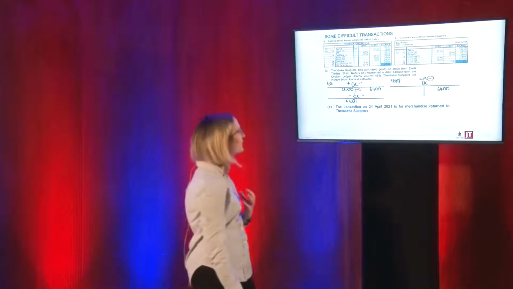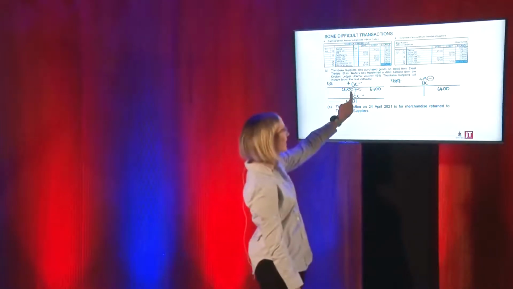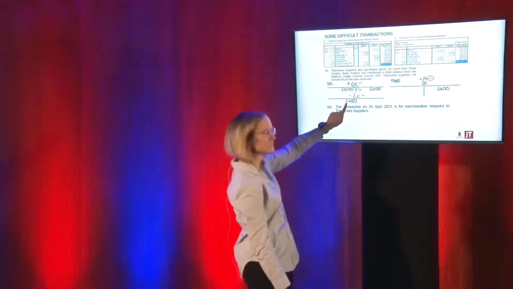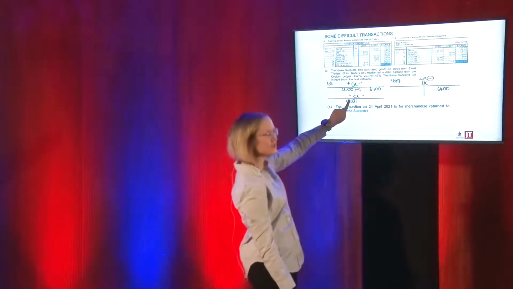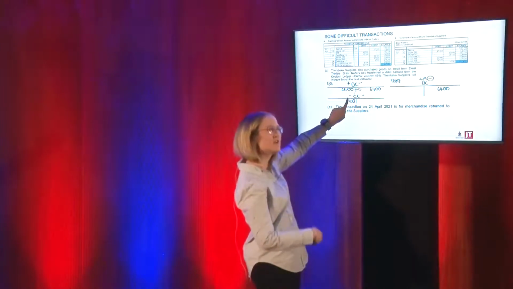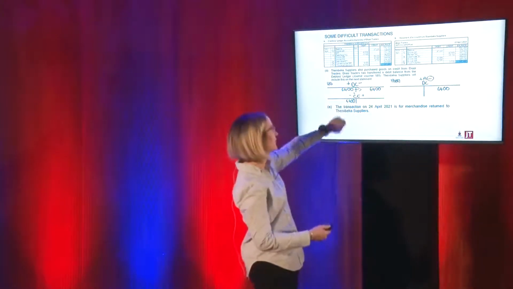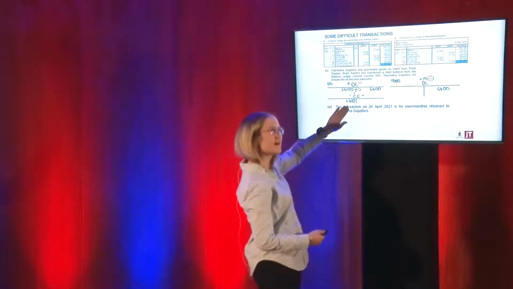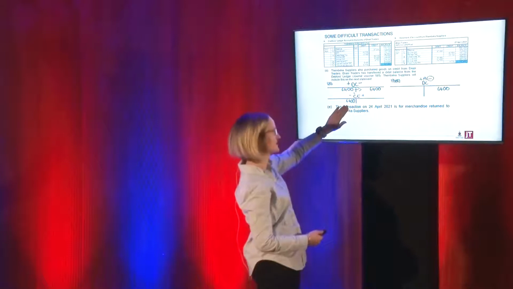So what we've done is we've transferred that debit balance to the creditors' ledger. If we make a change to the individual's account, we also need to make a change in the control account. So this is now saying that we owe them 6,400 less.